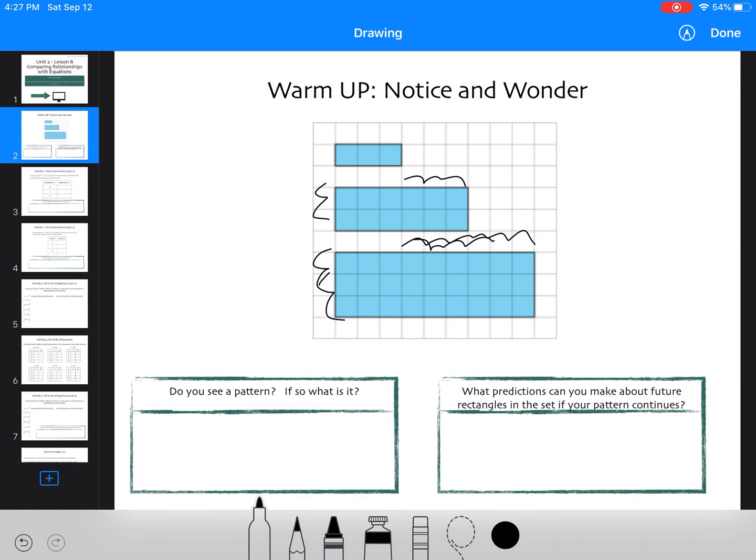So it looks like it's gonna double the length and width, then triple.